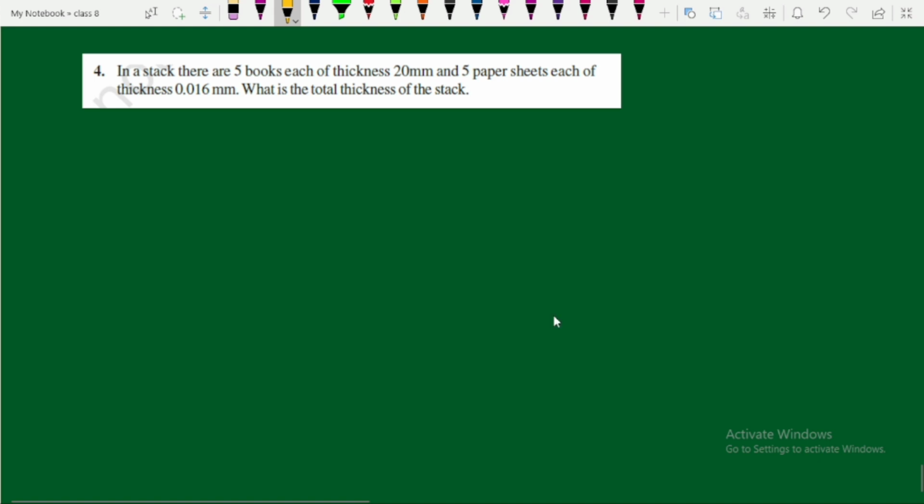So the total thickness of the stack is 5 books each of thickness 20 millimeter, plus 5 papers each of thickness 0.016 millimeter. We add these to get the thickness.